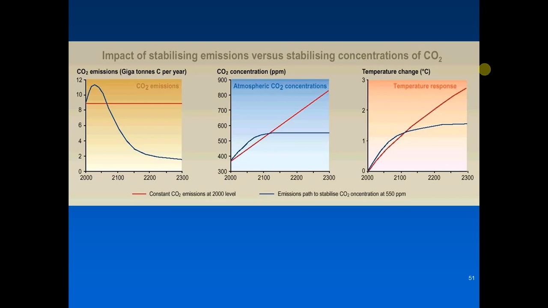You understand that it's not enough to stabilize emissions. Even if we keep carbon dioxide emissions constant, concentrations go up and temperatures continue to rise for the world. The reason is that current emissions, or at least 2000 level emissions of CO2, exceed the sinks.